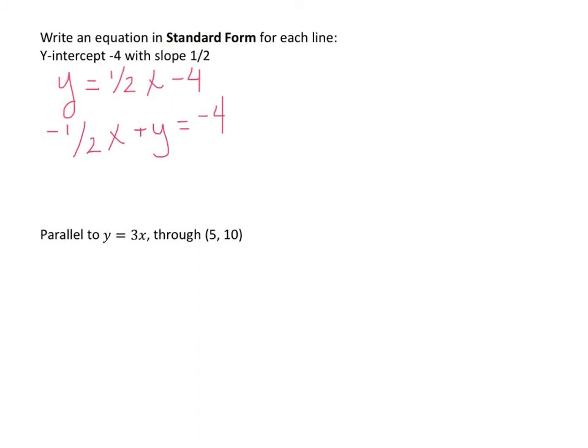Now, I can't have a fraction or a negative right here. So what I can do is not only am I going to multiply everything through by a -1, but to clear that fraction, I'm going to multiply everything through by a -2. It's -2 times -1/2 is positive 1.